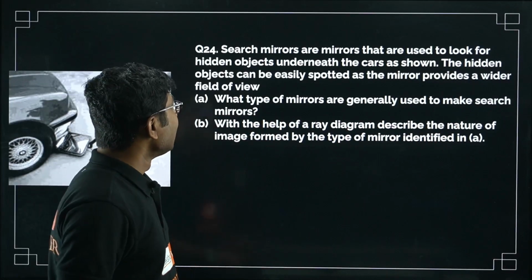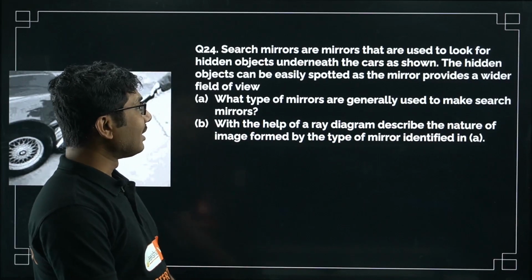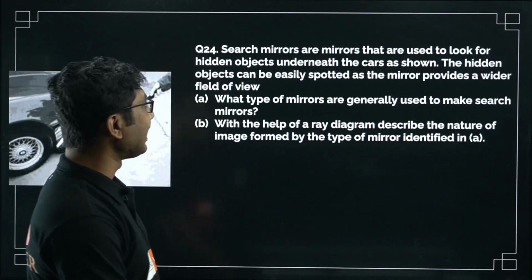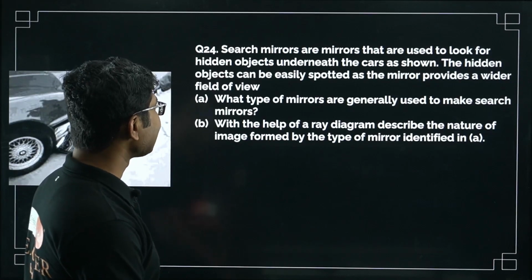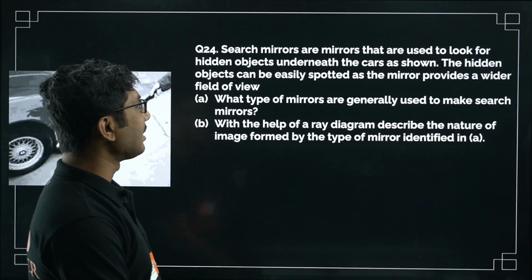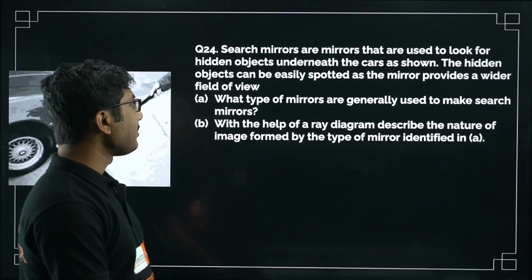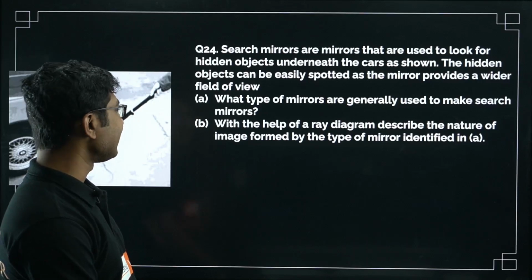Now such mirrors are used to look for hidden objects underneath the cars as shown. The hidden objects can easily be spotted as the mirror provides a wider field of view. Okay, what type of mirror is generally used to make such mirrors?